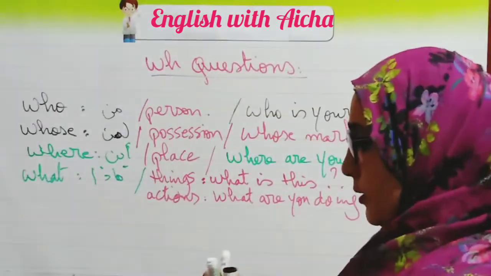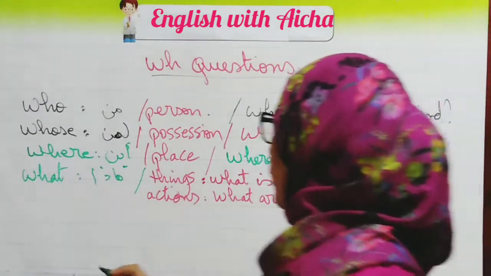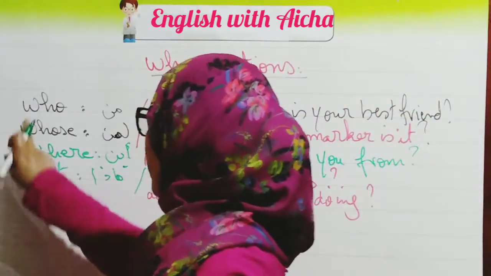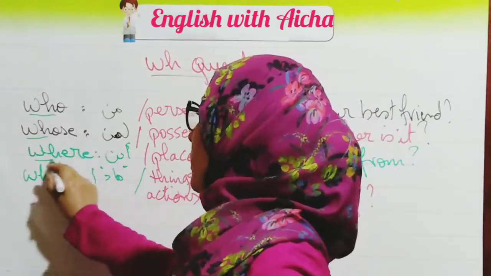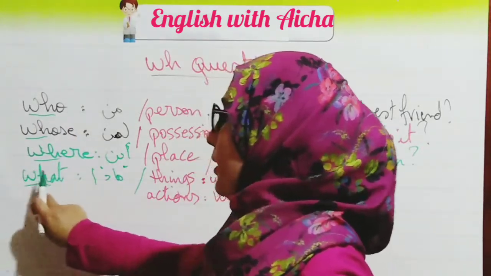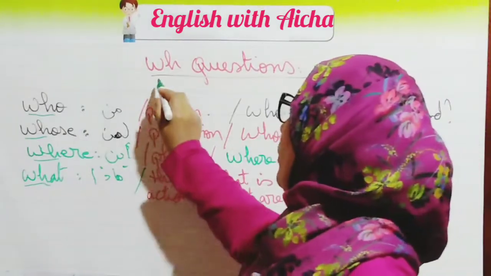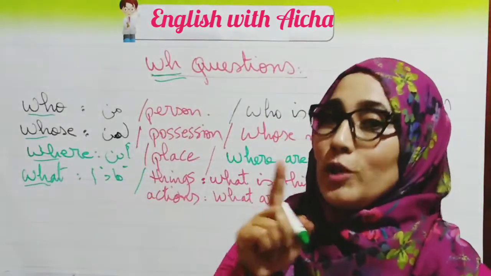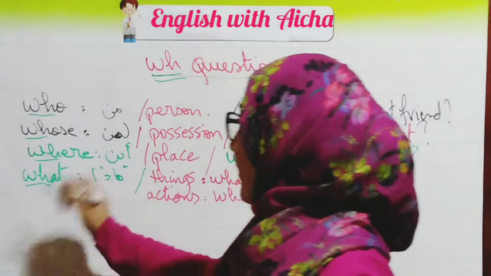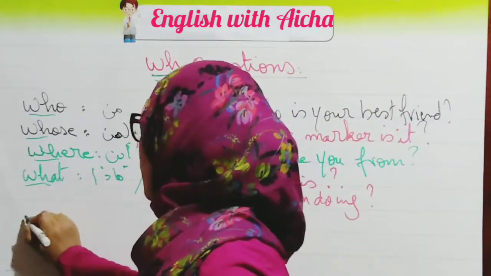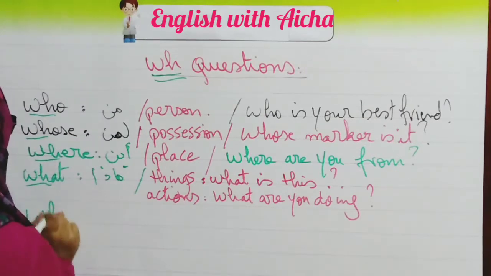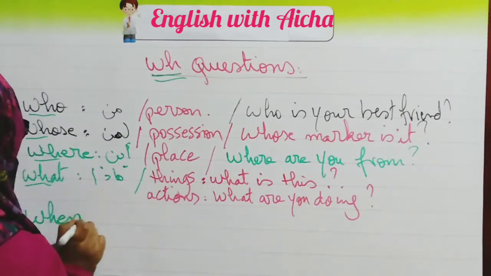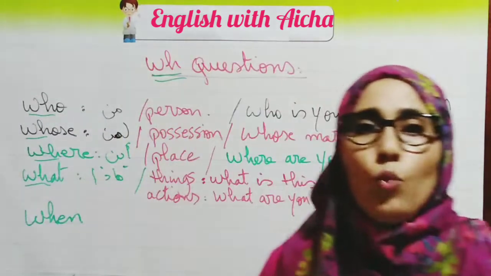Then we move to another WH word or WH question. You notice, please, here we have WH, WH, WH, W and H. That's why we named them WH questions. Okay? Then we move now to another WH word. We have, let's write, when.